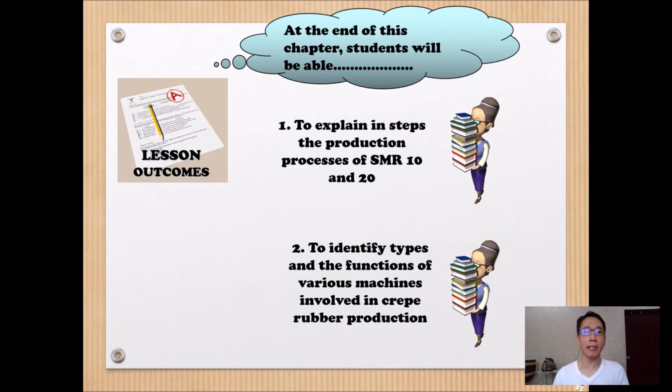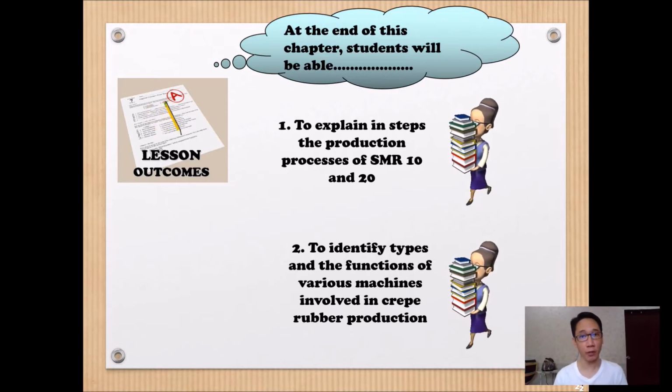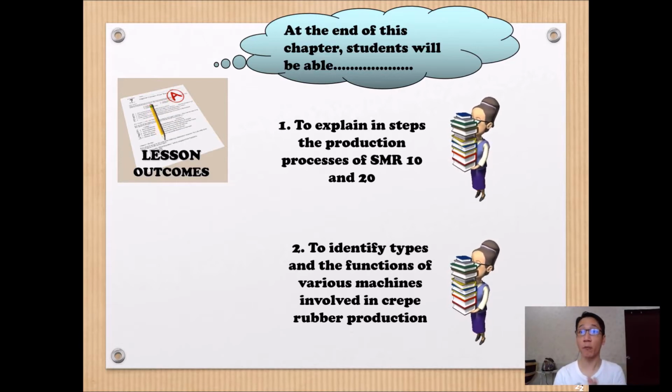Of course, there are different types of machines to convert the field grade materials that you collect in the field into crepe rubber, and finally it will be pressed into rubber bales that are ready to be sealed or used by the final product manufacturer.